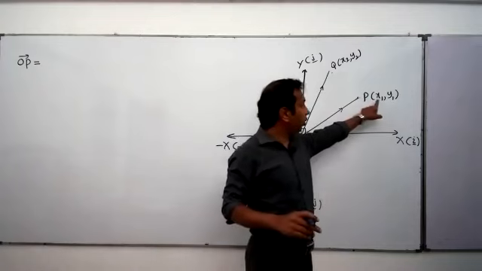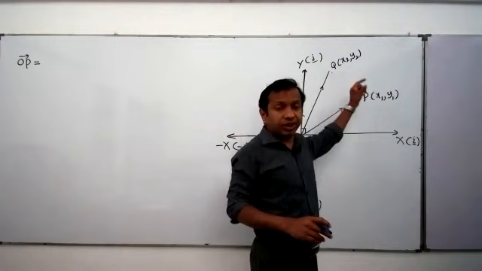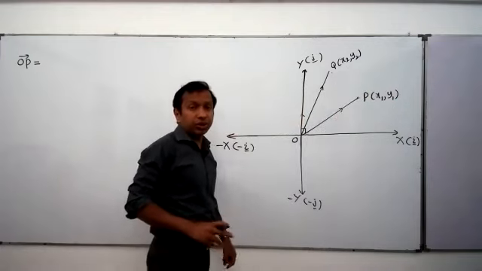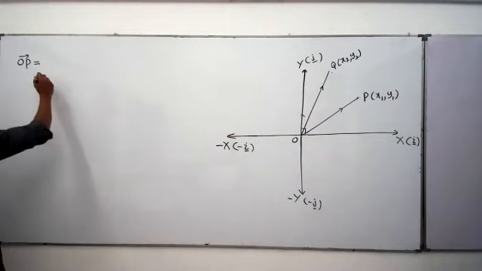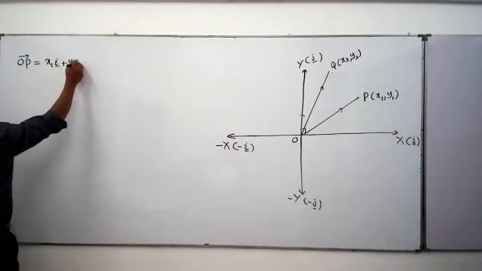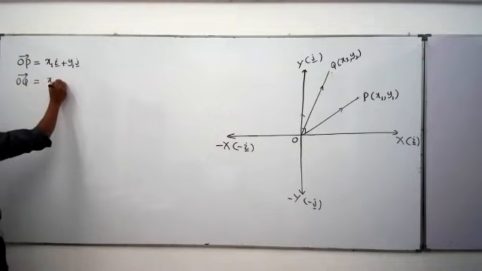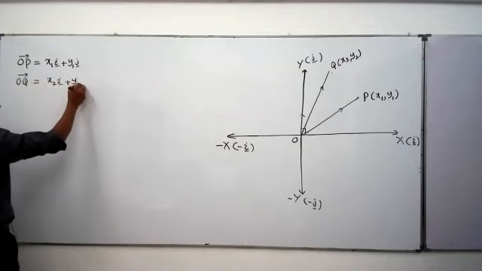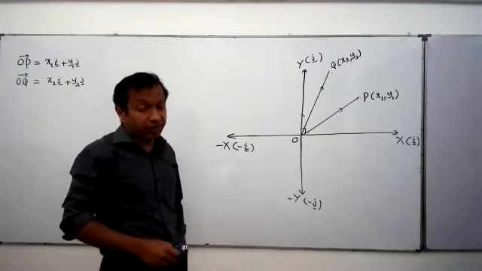We said what? x coordinate times i plus y coordinate times j is the way of writing the position vector of a point. Understood? So OP vector we can write as x1 i plus y1 j. Similarly, OQ vector we can write, people, x2 i plus y2 j. I think you can understand this very well because we have done this now.